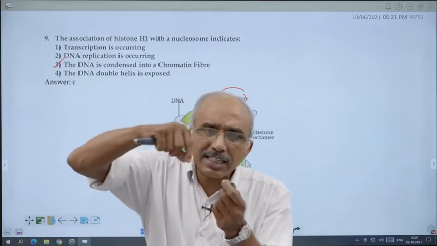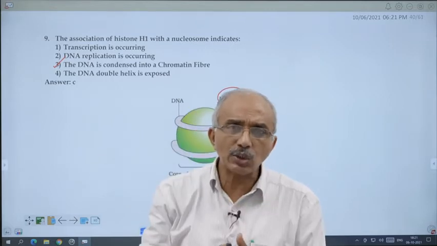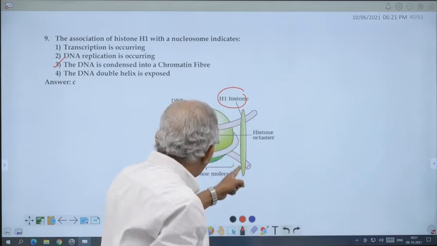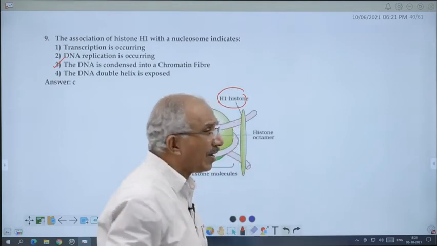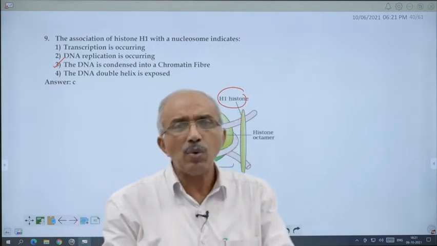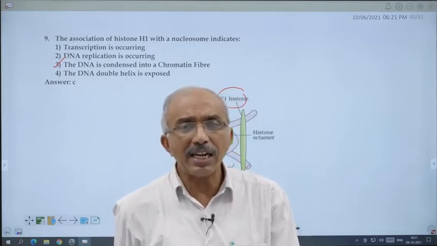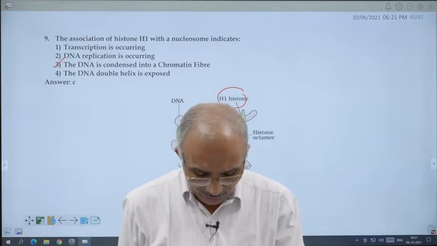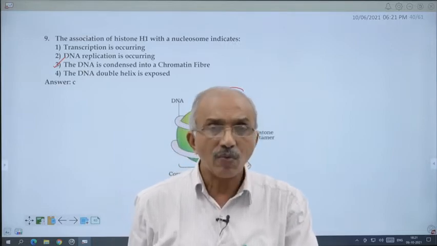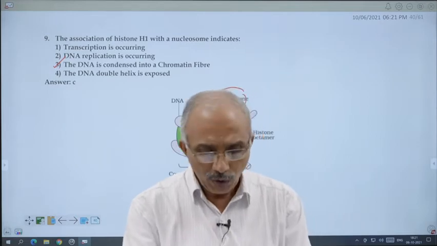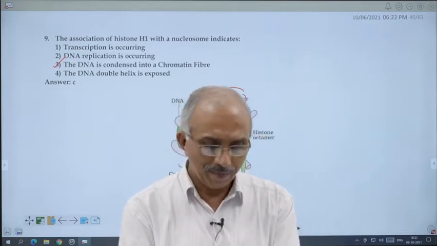Because the DNA is wrapped around the histone octamer and the H1 histones hold the DNA strands together without allowing it to uncoil. So it indicates condensation of DNA into chromatin fiber.